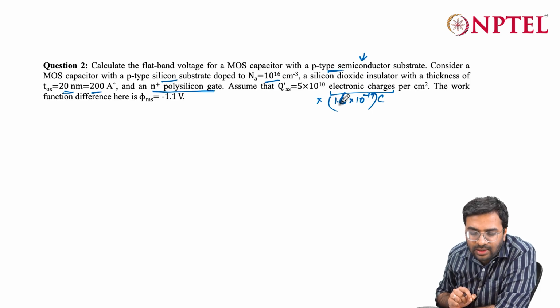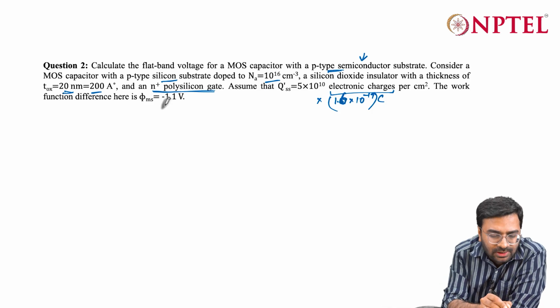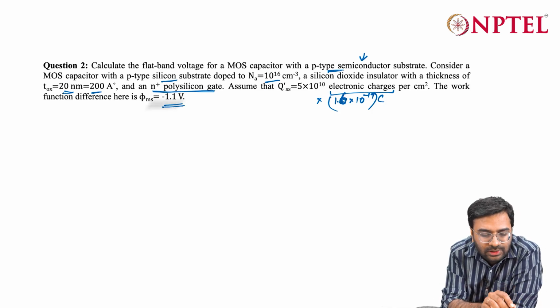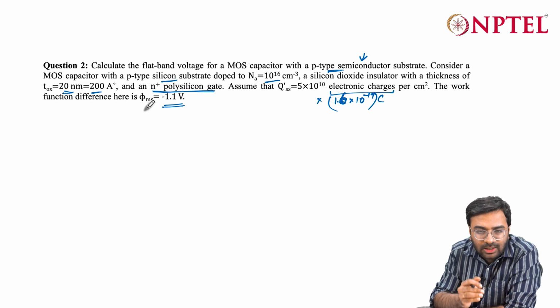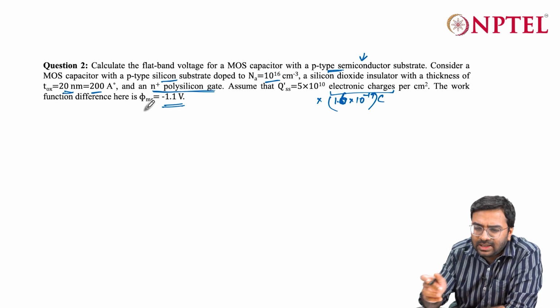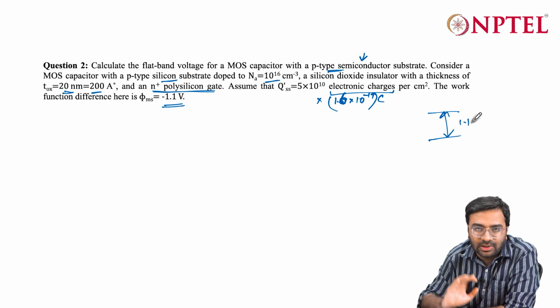Now, another piece of information given is that the work function difference here is QMS equal to minus 1.1 volt. So, this information is important because this is the metal to semiconductor work function difference and it is given here. In many cases they will probably provide you some energy band diagram where this value is indicated, whether it is 1.1 volt or whatever it is.